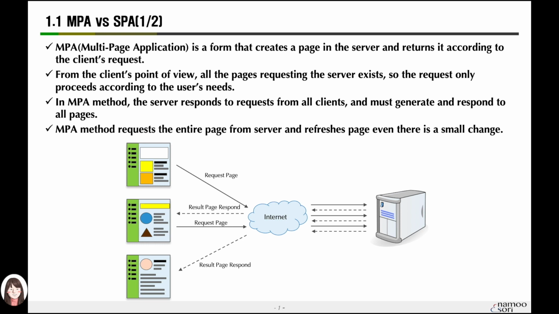Then the client presents the screen to the user with that response information. Even if there are requests for another page and multiple client requests, the server has a structure in which our pages are created and responded to those requests.